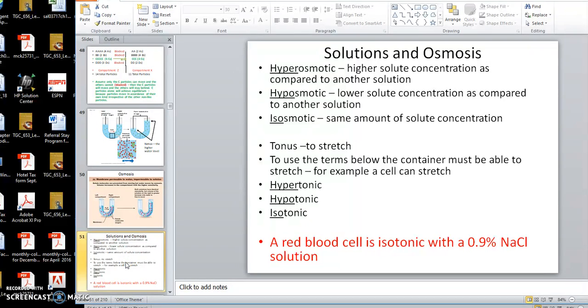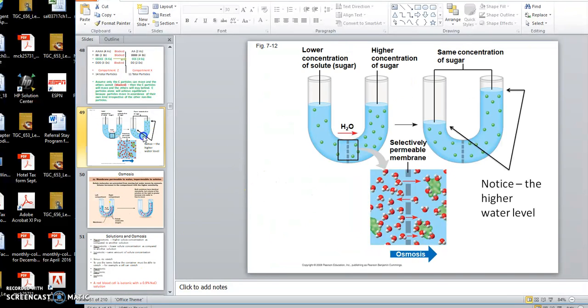So when we come to osmosis, we're speaking of a solution with a solvent and a solute. Osmosis exerts a pressure.